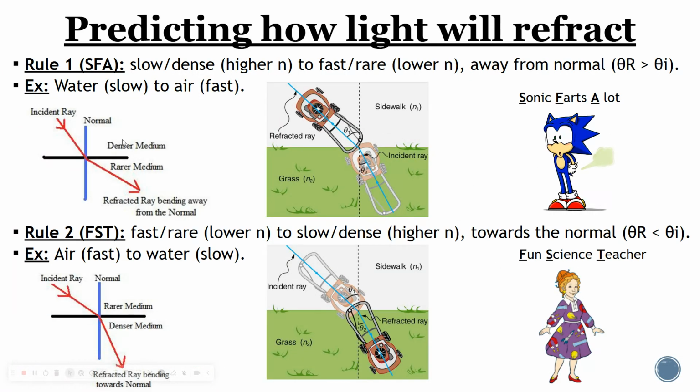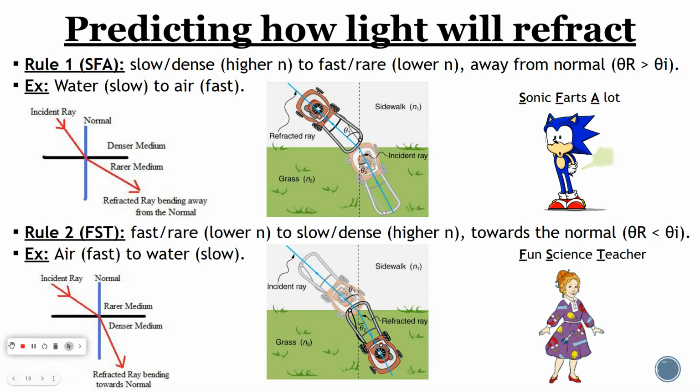All right, so when light goes from one substance to another, there are two main things that can happen to it. Here you can see the incident ray hits the surface and then goes into the next medium. And you'll see that it looks like that refracted ray bent away from the normal.